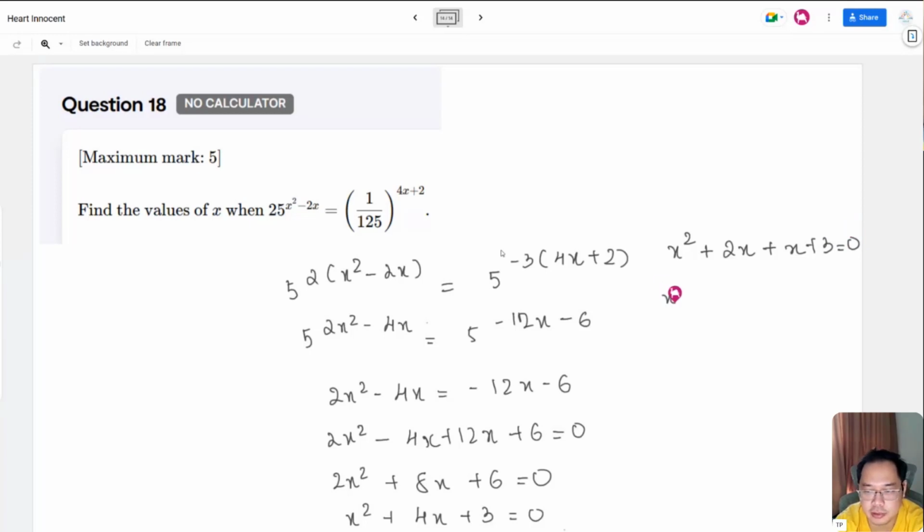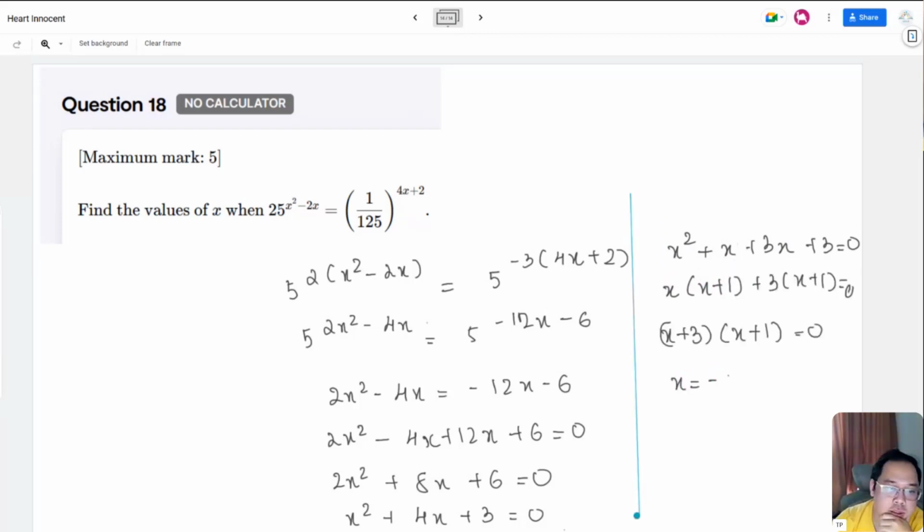Wait, stop. The middle value is 4x. So we split that 4x into x and 3x. Yeah, and now we can factorize it. So we have the solution, and in this case, x can be negative: -3, -1.